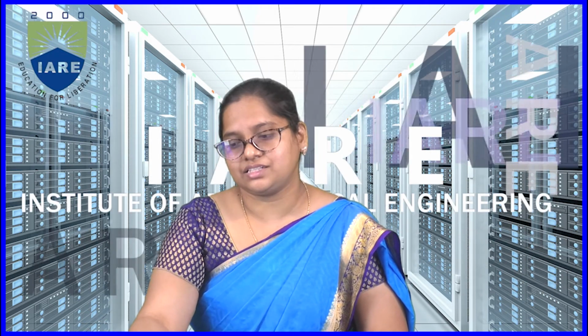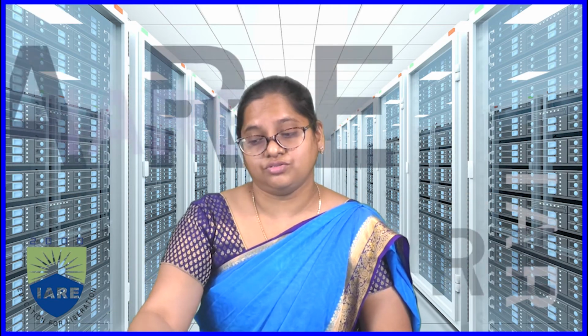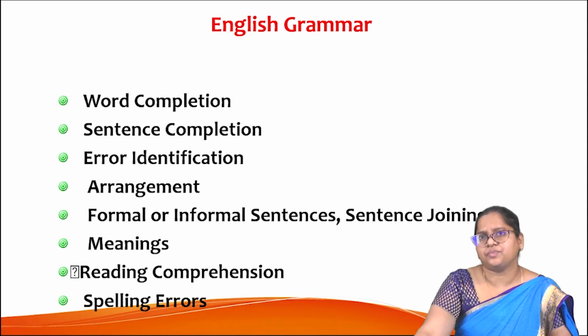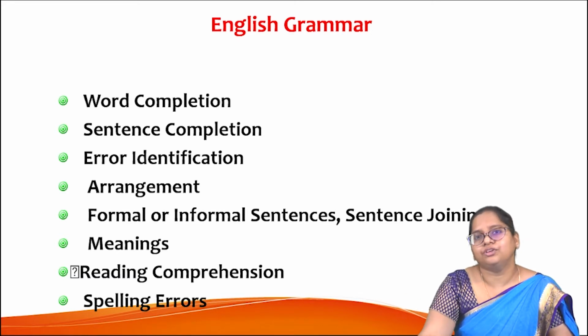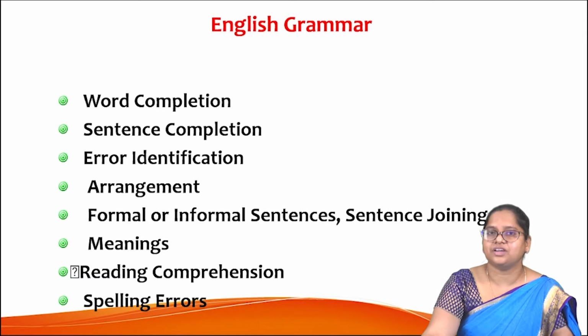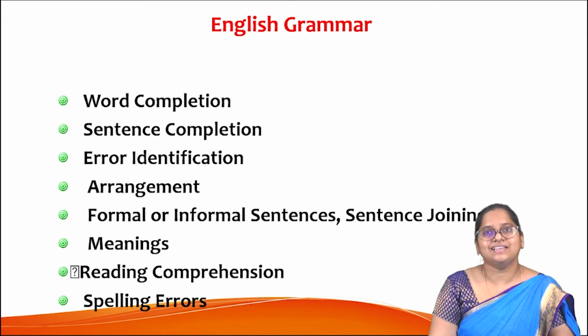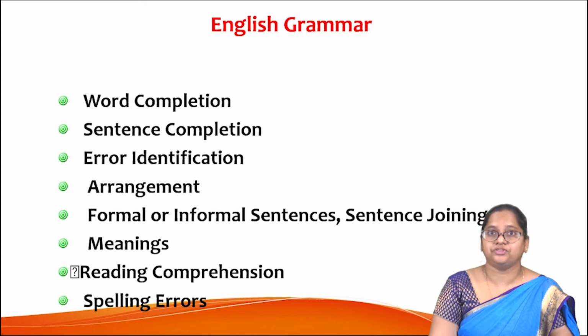Let's get started with a few questions, but before we start, I would like to give a few lines of introduction. What is this aspect actually? Why did I keep all these topics on the screen? Part of that, you can also see spelling errors as one of the important concepts. Word completion is one important topic. Sentence completion is one important topic.